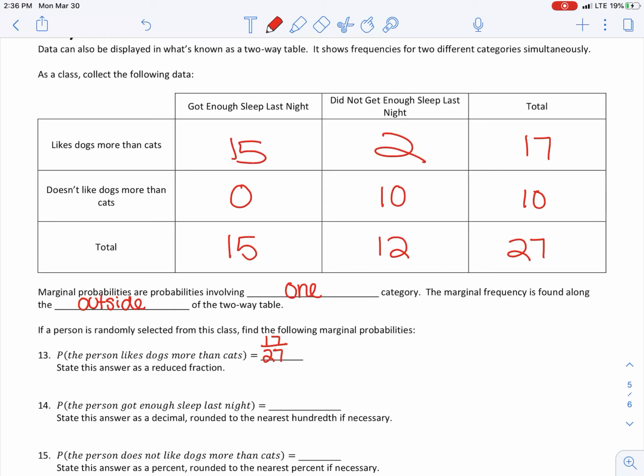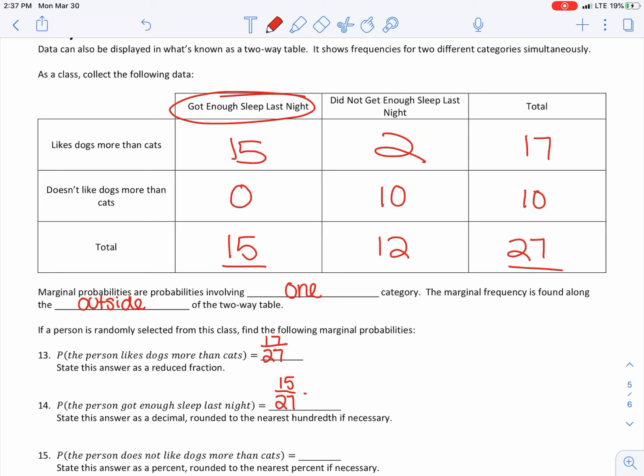Okay, so find the probability the person got enough sleep last night. Basically, we're looking at the people who got enough sleep. That's the only people we're looking at. So total, if I look down here, there's 15 people out of a total of 27. It says state your answer as a decimal, rounded to the nearest hundredth if necessary.